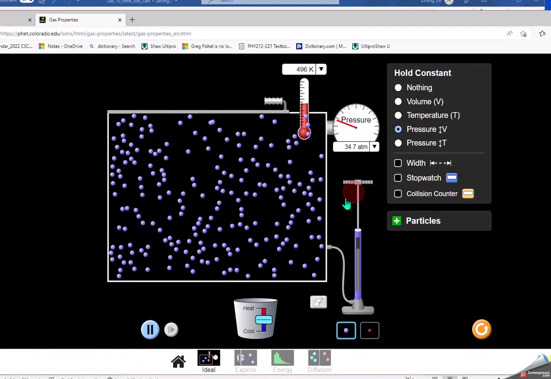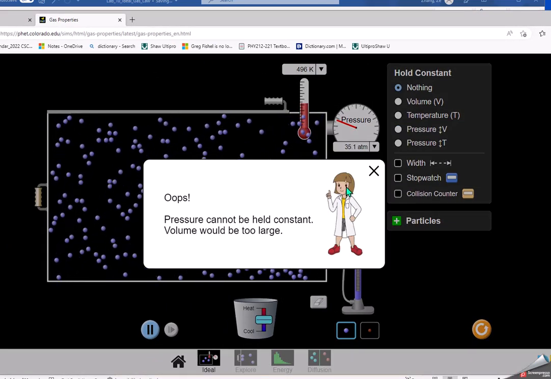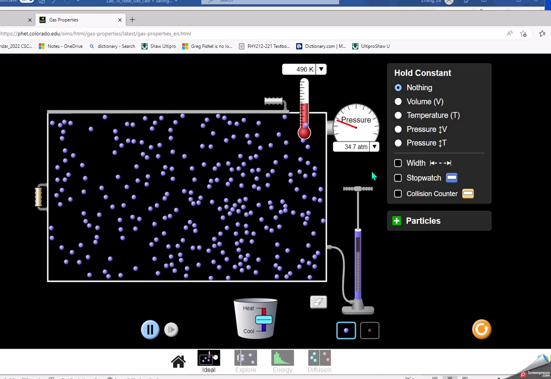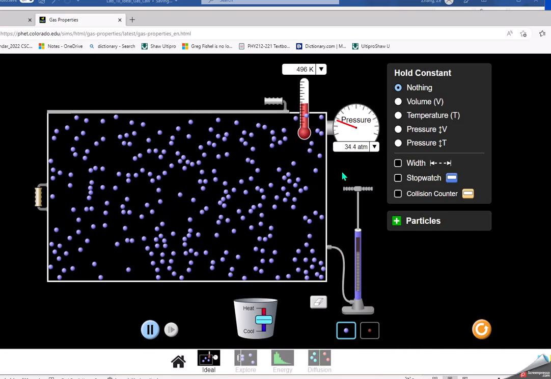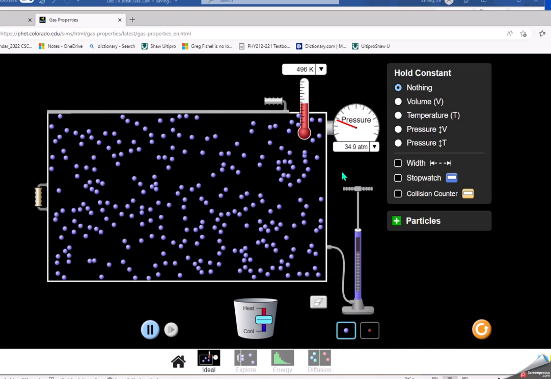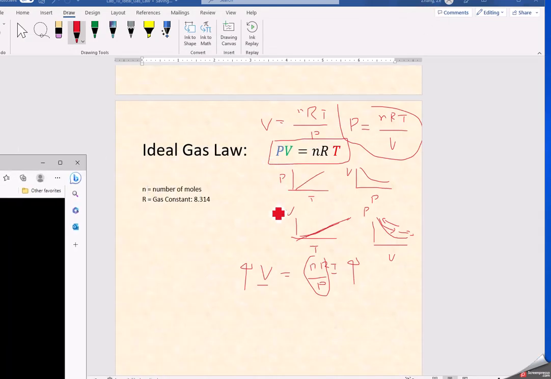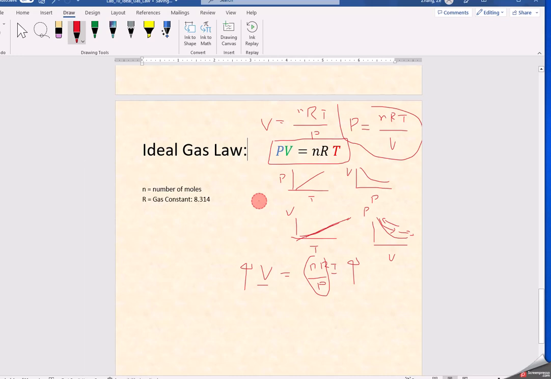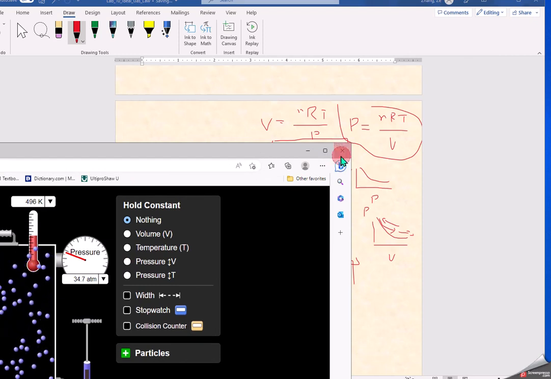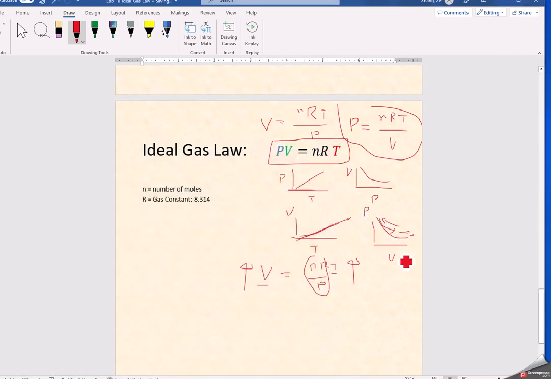If you just pump in more, you will have more particles. We will not explore that, but it's an interesting experiment to do. That's where we're going to explore this equation, and it is in the back of this file. All right, let me stop this one. That's the demo.